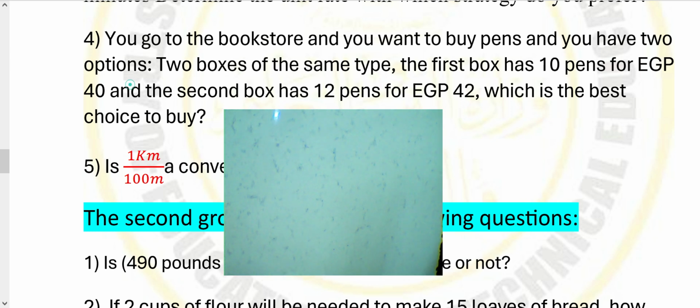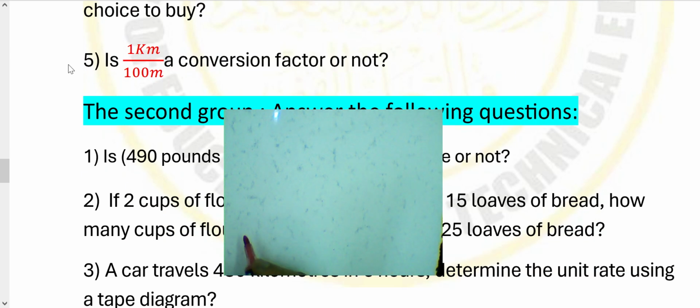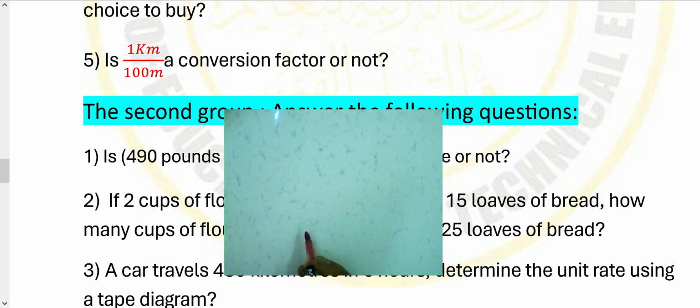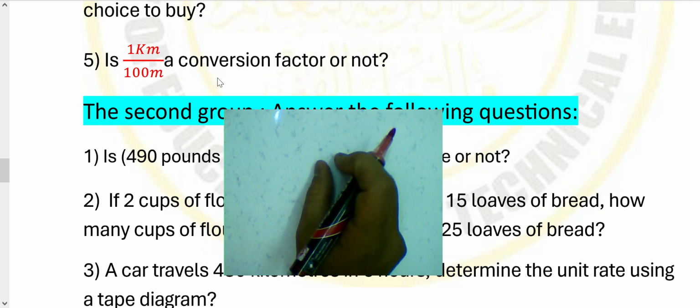Next question, number 5. Is 1 kilometer over 100 meters a conversion factor or not? Not, because a conversion factor compares two different units but with equal values. So a conversion factor, children, must have a numerator and denominator that are equal in order to convert.